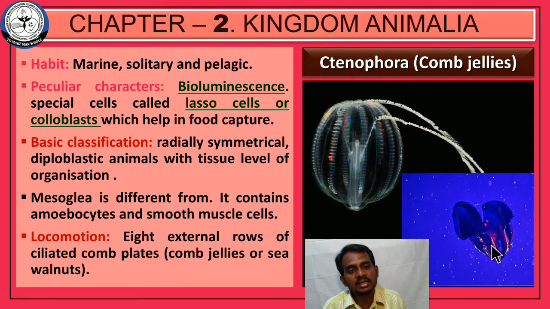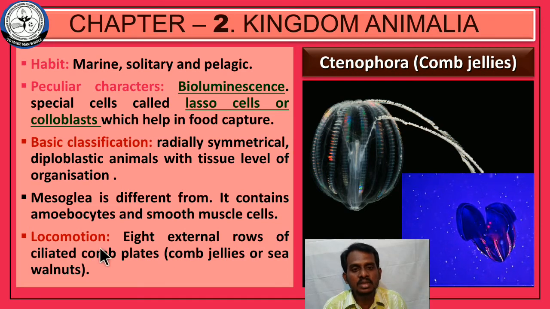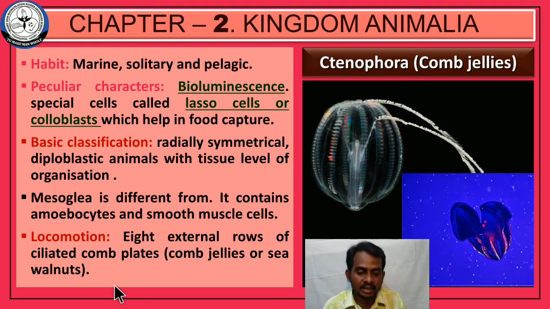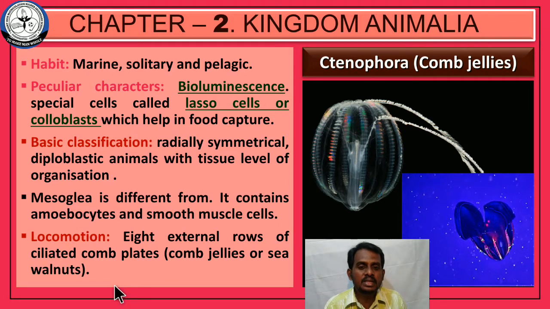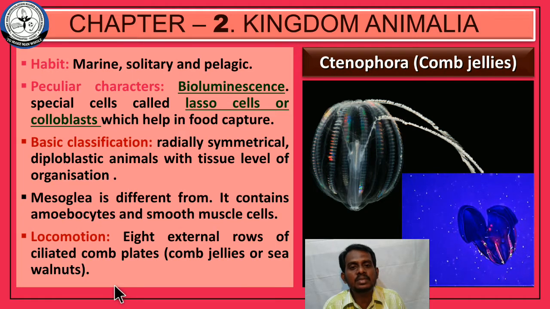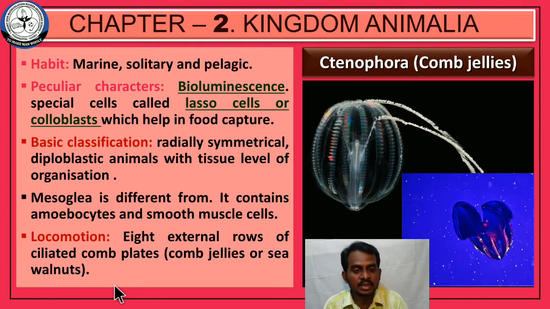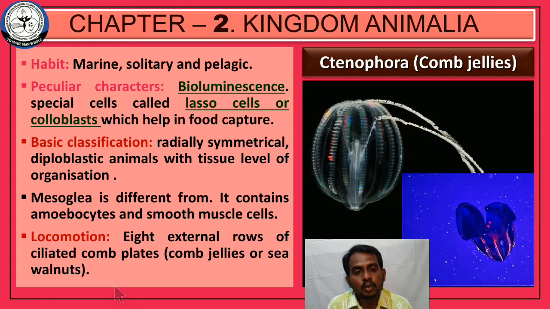That is the reason these animals are normally called by another name, comb jellies or sea walnut. They may ask for another name, one mark, underline it: comb jellies and sea walnut. What is the locomotory structure? 8 rows of ciliated comb plates, cilia meaning minute hair-like structures.